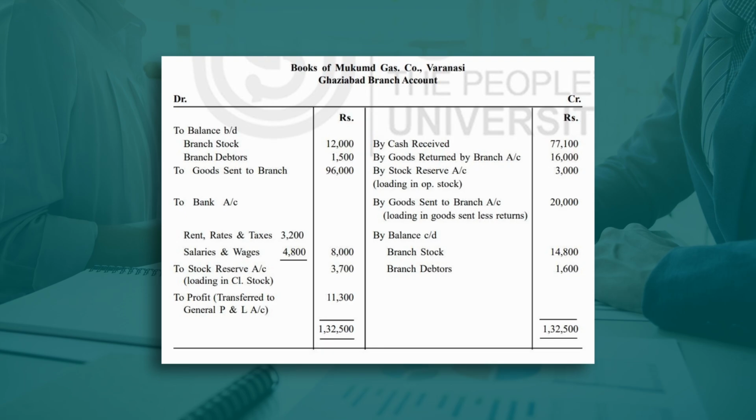So, we can easily calculate the loading amount. It is given as cost price plus 33.33%. The formula is very simple: the balancing figure multiplied by rate, that is 33.33 divided by 100 plus rate.